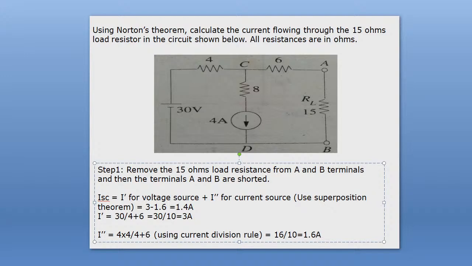Okay, if current for individual sources will flow through the load resistance or any branch element in the same direction, then we will sum up those current values. If they are not flowing in the same direction, then we will take the difference or we will subtract one from another.